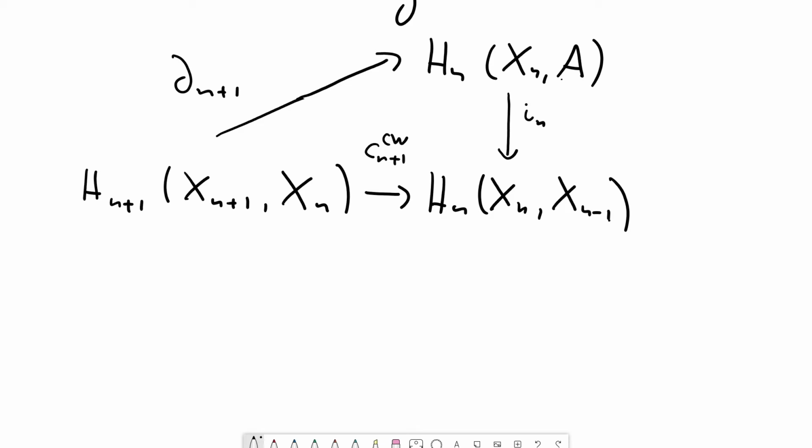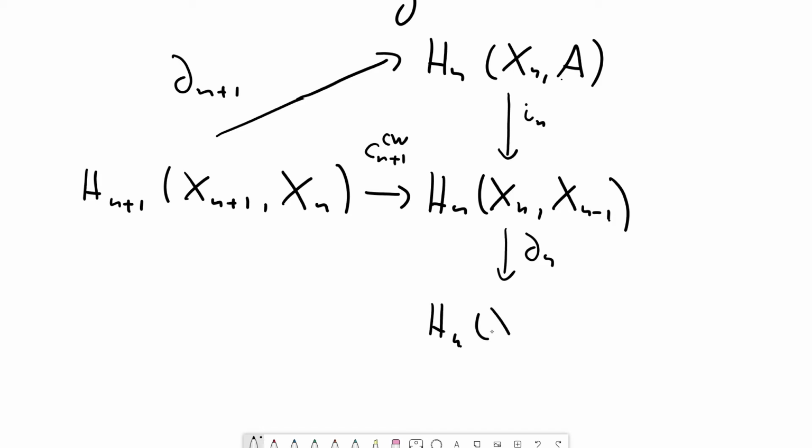Okay. So now I can extend this diagram and go down here with the boundary homomorphism in another triple, the triple (X_n, X_{n-1}, A).